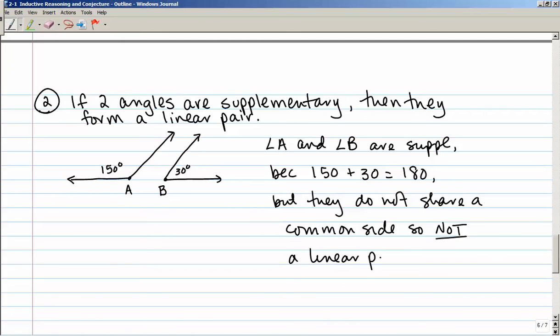Okay, this is a good example of doing a counterexample. I've shown a picture here of two angles that are indeed supplementary, but they don't form a linear pair. Remember, a linear pair has to look something like this, where the two angles are supplementary, but they form a straight line. Oh, I forgot to say false. That's actually false.